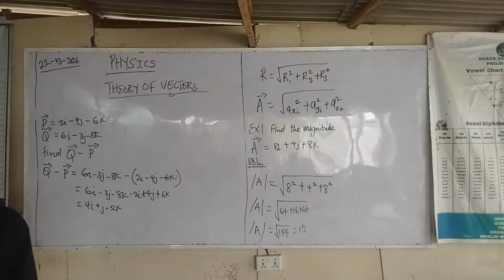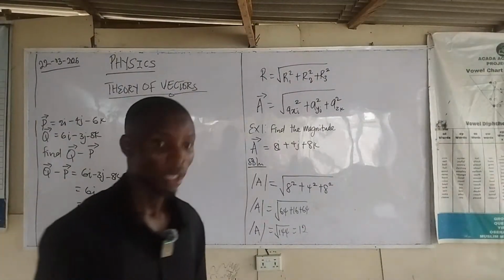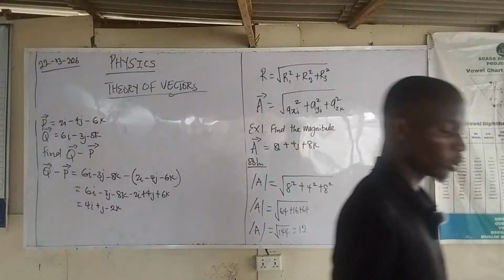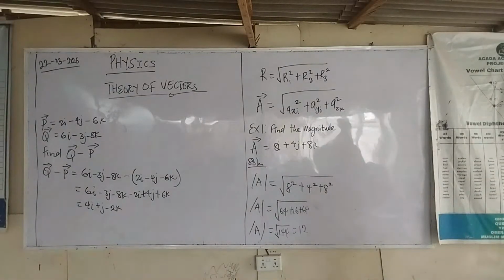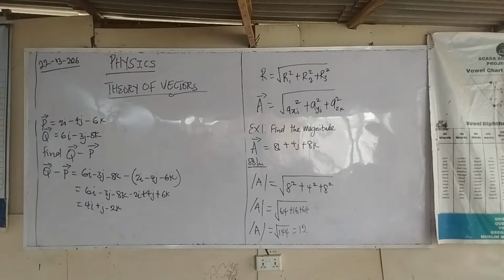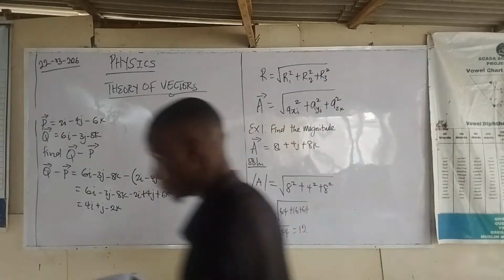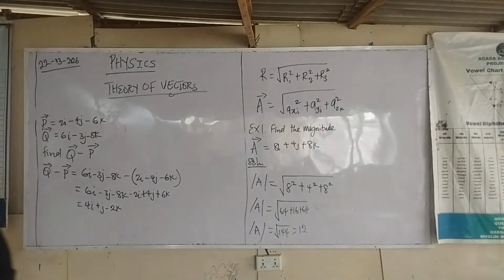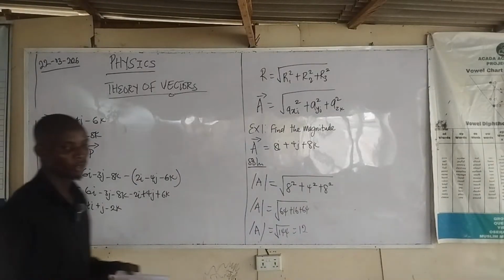Scalar vector multiplication is also divided into two. The first one is scalar multiplication.